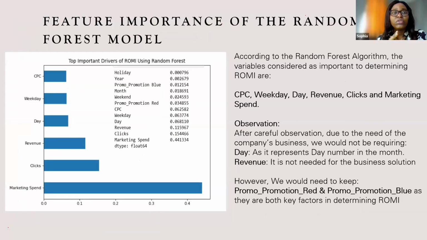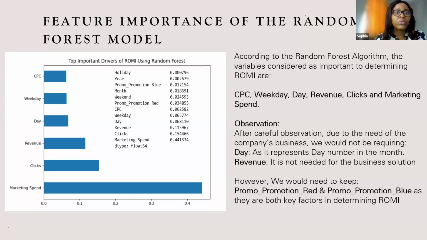Another thing we were told to obtain was the feature importance of random forest. By feature importance, it means which features, which columns in the data sets, were important to solve the problem for the company.